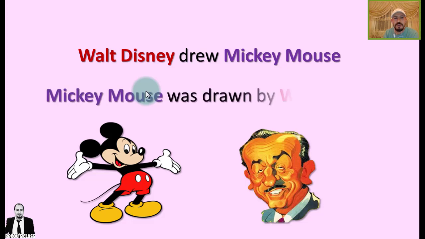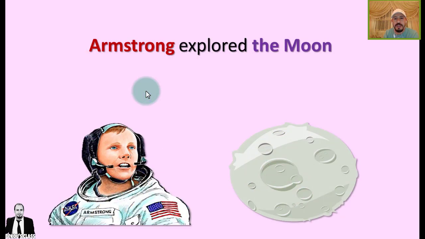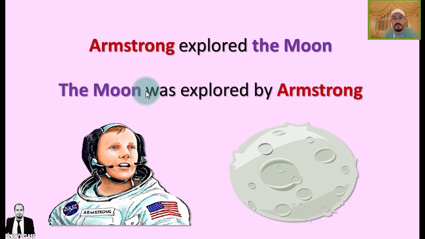Mickey Mouse was drawn by Walt Disney. So as you can see, all these sentences are similar, only the words change. But the rule is the same. Armstrong explored the moon. The moon was explored by Armstrong.